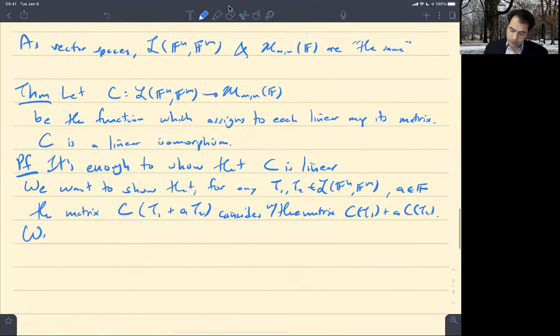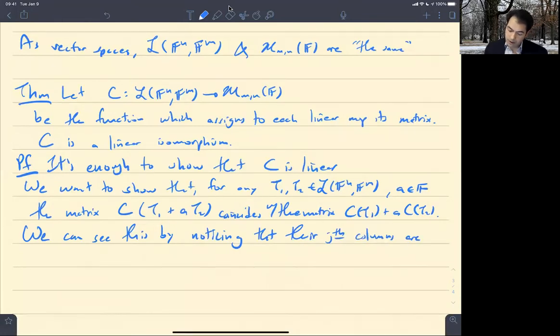So we can see this by noticing that their jth columns are, okay, so the jth column of this matrix is what you get from this linear map when you apply it to e_j. So this is (T1 plus a T2) applied to e_j.